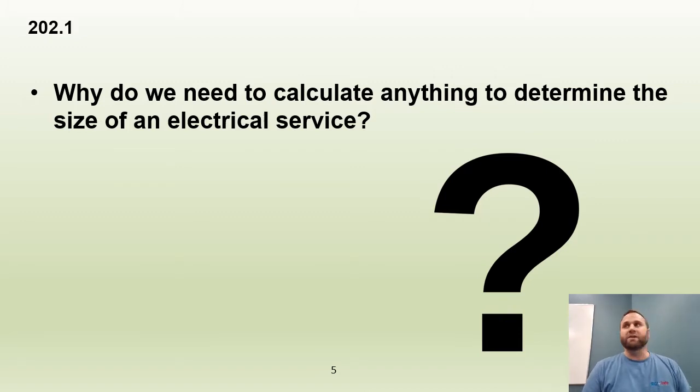Well, when we build a house, our houses don't come with a little nameplate that says this house pulls 150 amps, therefore you need a 150 amp breaker to provide protection for this house.